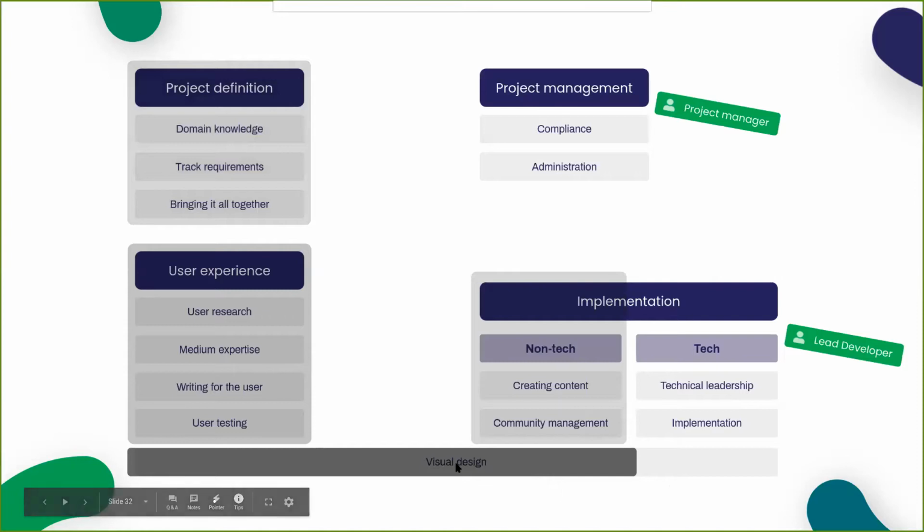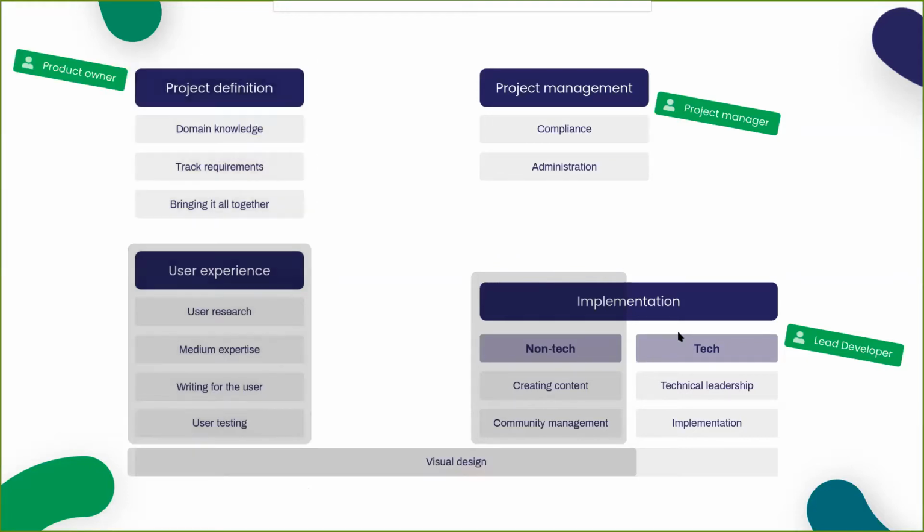If you add a project manager to the mix, at least that stuff should be taken care of now. Someone should be able to hold the big picture while the techie is deep in the details. It's a lot better, but there are still big gaps. The name we give to the person who's responsible for the project vision, bringing everything together, and defining a project, is what we call a product owner.